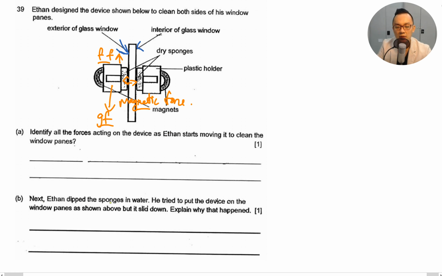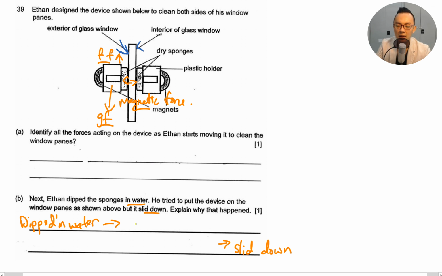Next, Ethan dipped the sponges in water. He tried to put the device on the window panes, but it slid down. Explain why that happened. So explain why it slid down. So that's the final state. Dipped in water is the initial state.